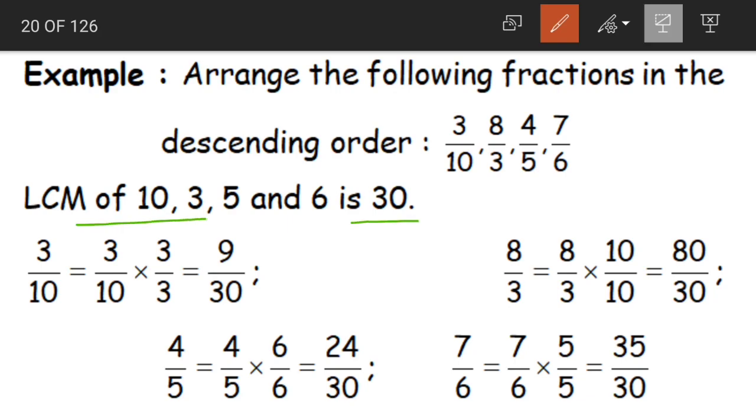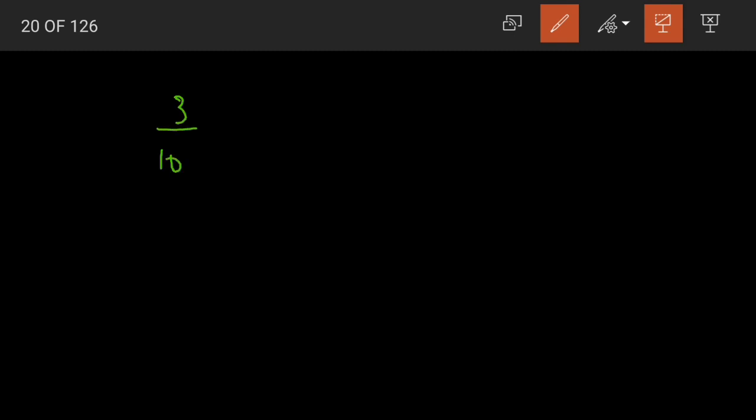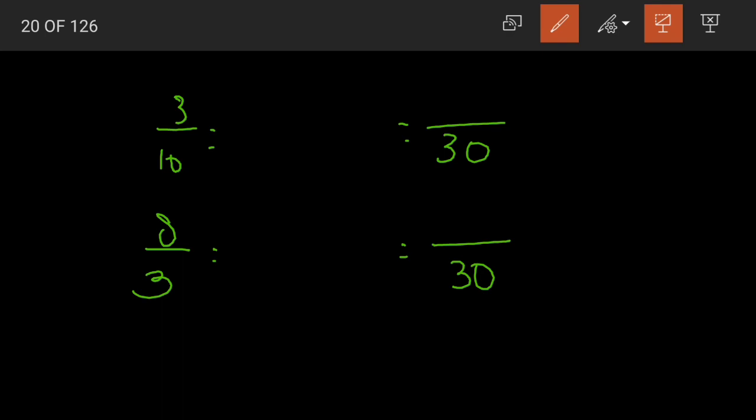Now 3 by 10, 8 by 3. The LCM is 30, so 30 will be the denominator. Now again, what do we have here? We have 10 in the denominator, but we want 30. How will we get it? 10 threes are 30.